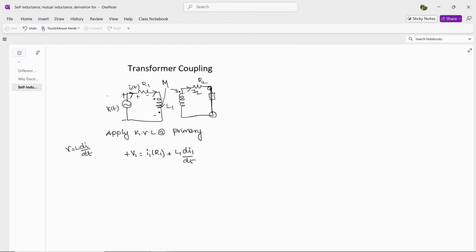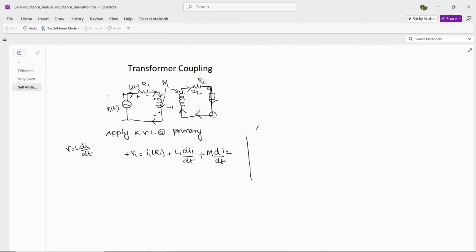To this coil, the current is flowing like this, so the dot is at leaving, and in the secondary the current is flowing to the load and the dot is at leaving. So both are at leaving. Automatically you will get the mutual inductance term as M into d by dt. This mutual inductance is due to the current in the secondary coil, that's why M dI2 by dt. Okay, so this is how to write it down.